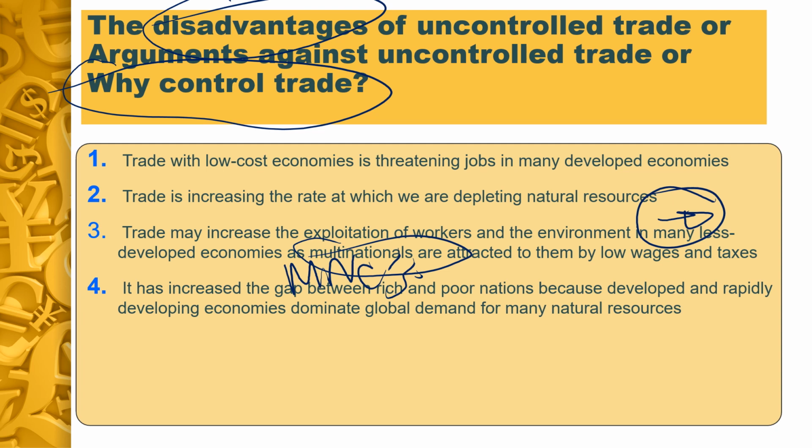So the rich are becoming richer and the poorer countries are becoming poorer. Because the developed and rapidly developed economies are the ones that dominate the global demand for many natural resources, including timber, metal ores, and have used their purchasing power to force down their market prices.